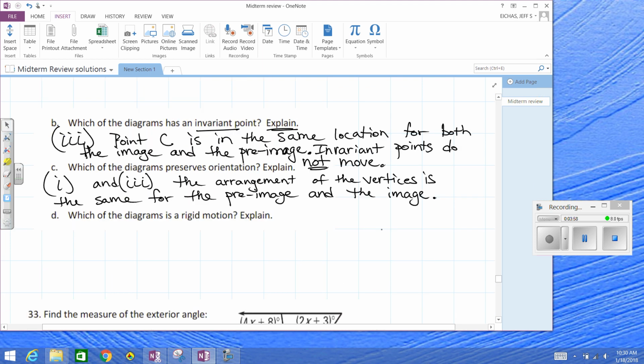Which of the diagrams is a rigid motion? All three are rigid motion transformations because they're congruent.